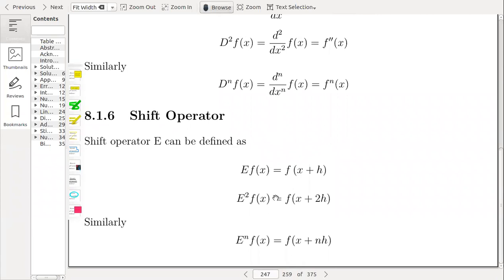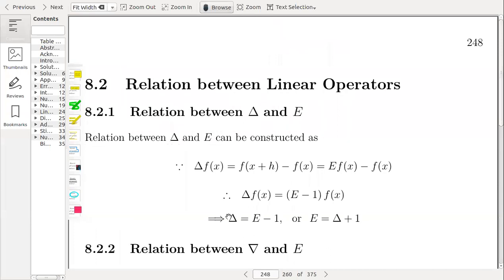And if we go to the next order of the shift operator, we will write E2 f of x is equal to f of x plus 2h, and En f of x is equal to f of x plus nh. So the shift operator just shifts the point to the next point.